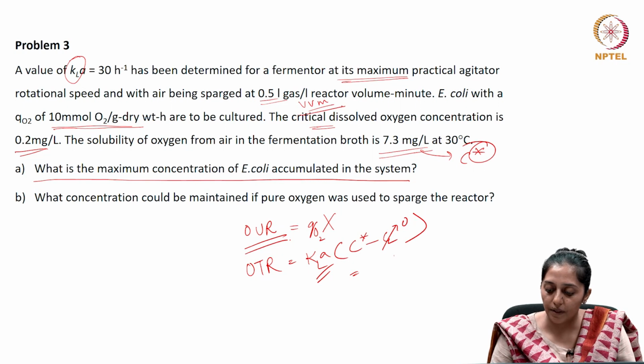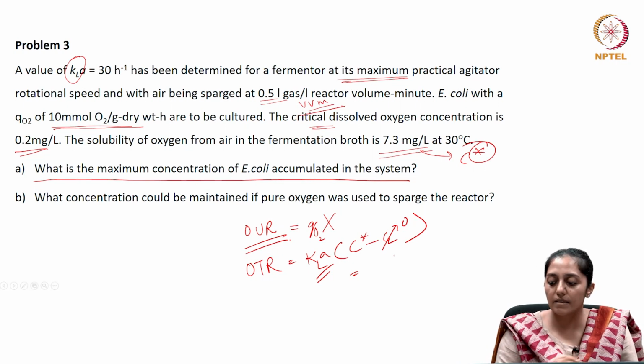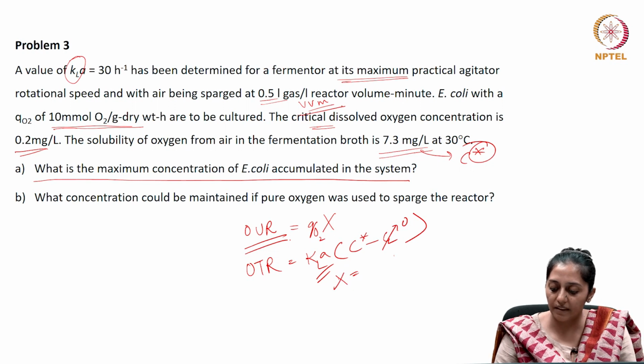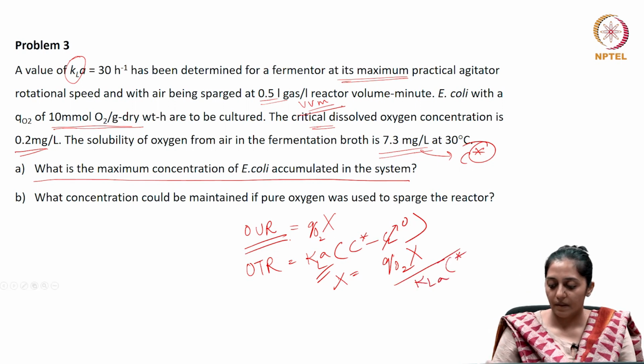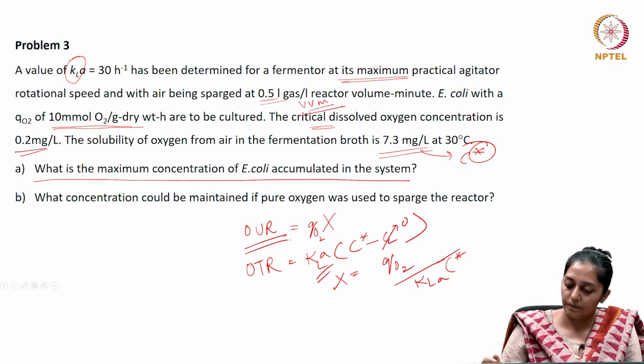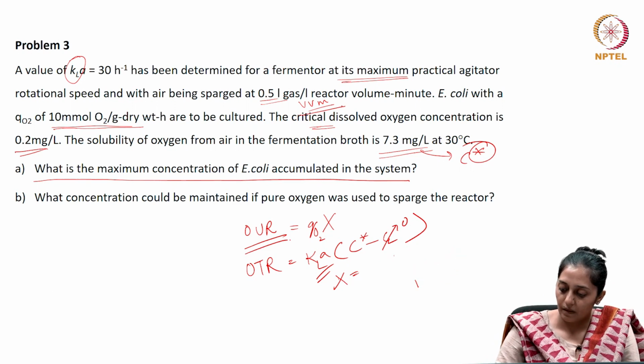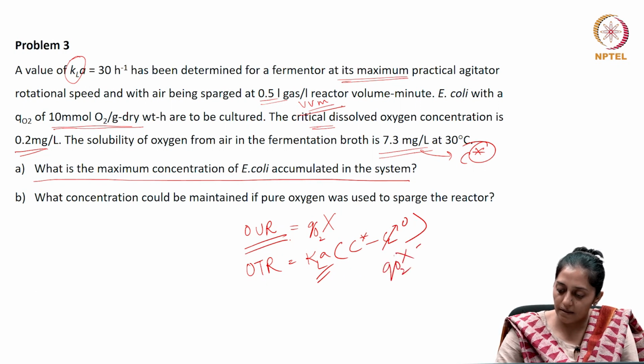C star is 7.3, KLa is given to us as 30 hour inverse. So, now the maximum possible biomass which can be supported by this fermenter can be calculated by equating OUR and OTR and finding the value of biomass. So, let us equate QO2 times X is equal to KLa C star.